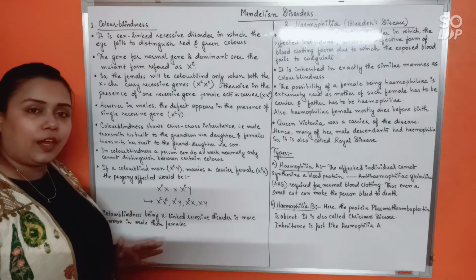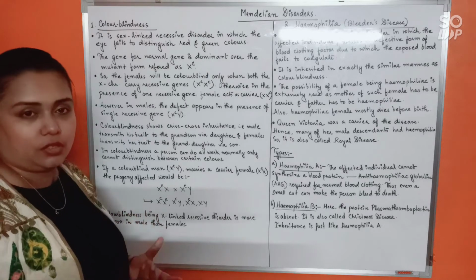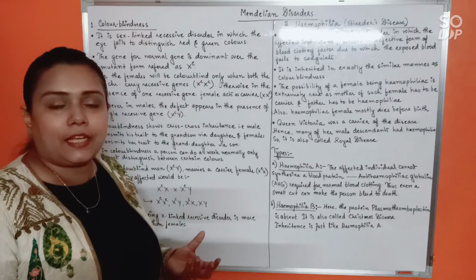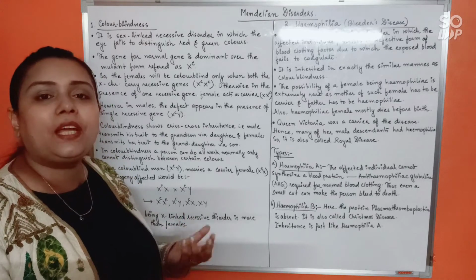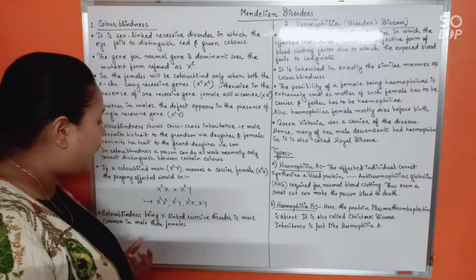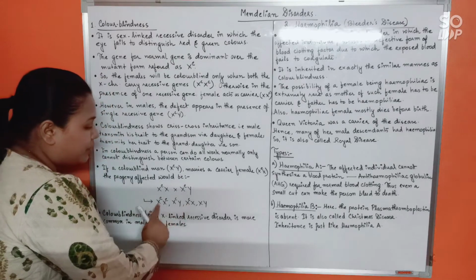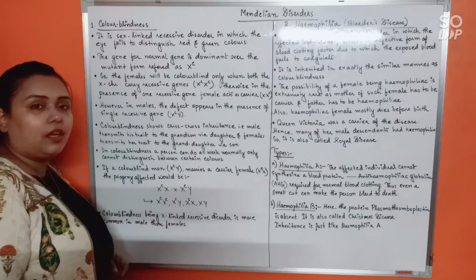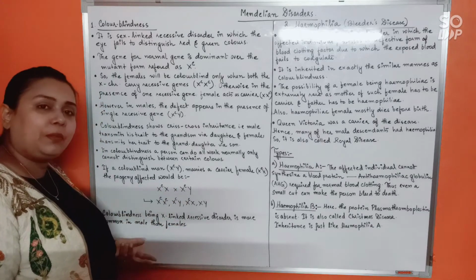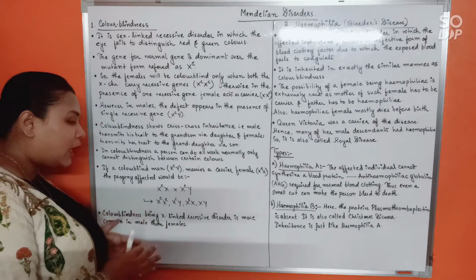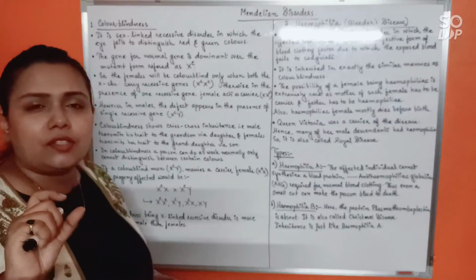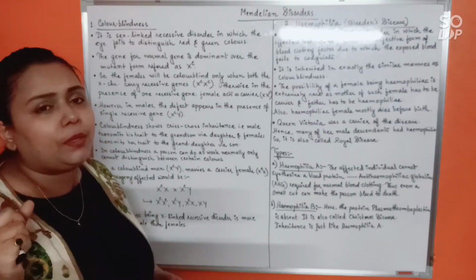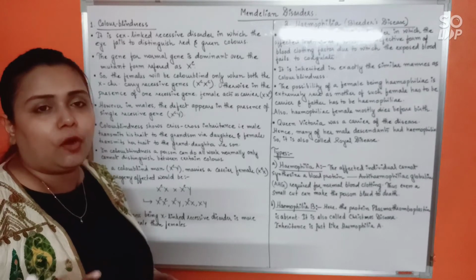Understood? Alright. Likewise, if the question changes, what percentage of their daughters would be colorblind? If that is asked, in that case, out of the daughters, 50% is colorblind, 50% is carrier. So the answer remains 50% itself, isn't it? So likewise, a little twist and turn, a little change of words would be presented to you in the form of questions.